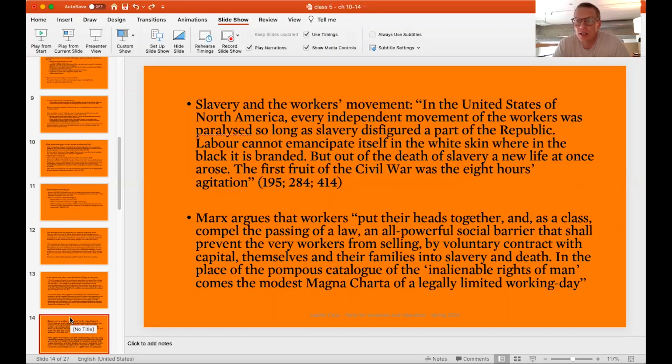So as long as there's slave labor, and there's basically a radical racial division between different sources of labor producing for capital, now that slavery has been transformed as a result of capitalism, that division really, I mean, disadvantages both slave laborers and also wage laborers.